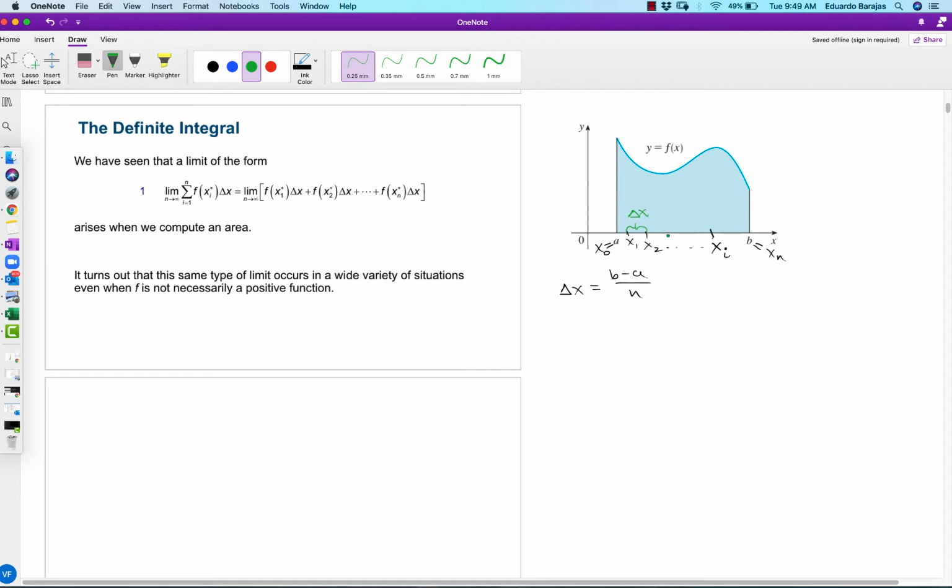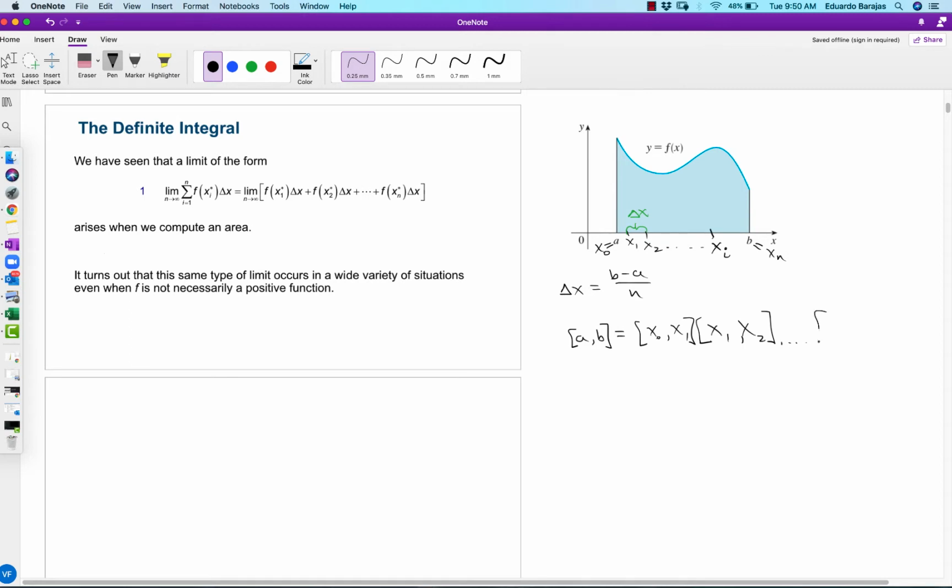So we partition off the domain from a to b, and the segment from a to b is broken up into x naught, which is also a, up to x sub 1, and then x sub 1 up to x sub 2, and so on and so forth.